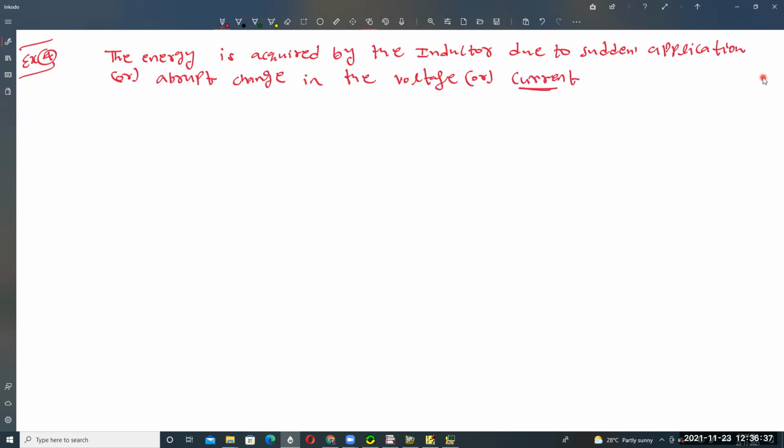So we look at the behavior of the inductor, the voltage across the inductor, and how the current changes during switching actions: transient analysis, under transient condition and steady state condition.